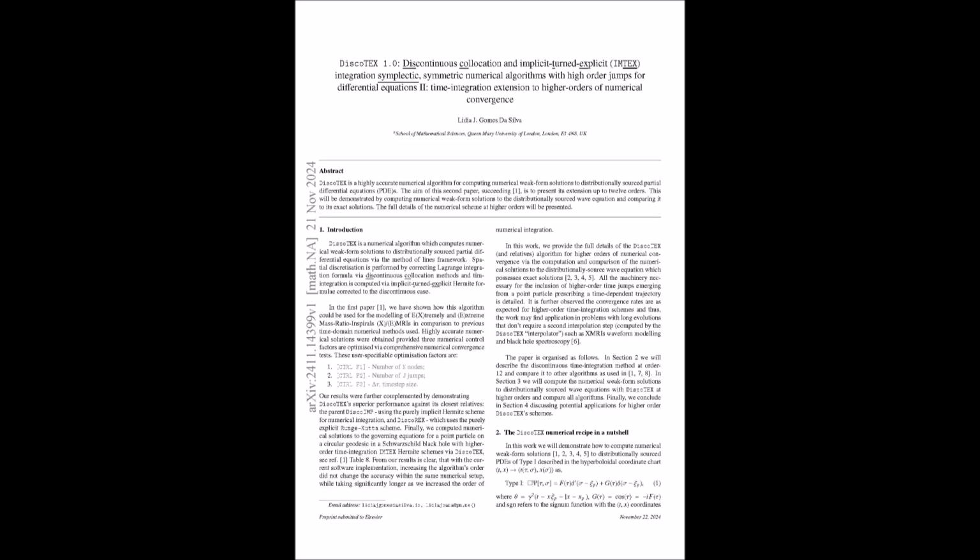They found that, as expected, the higher order implementations of DiscoTEX did lead to faster convergence rates. This means that for a given desired level of accuracy, you can achieve it with fewer spatial nodes and larger time steps when using a higher order method. That's great. So even though the individual time steps might be more computationally expensive, you need fewer of them overall to achieve a certain accuracy level.